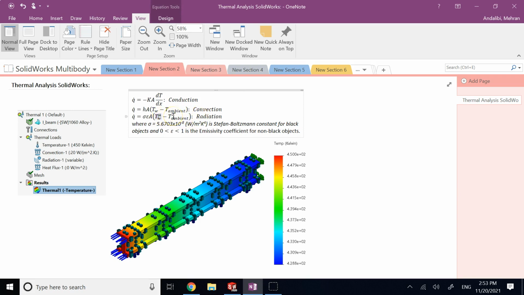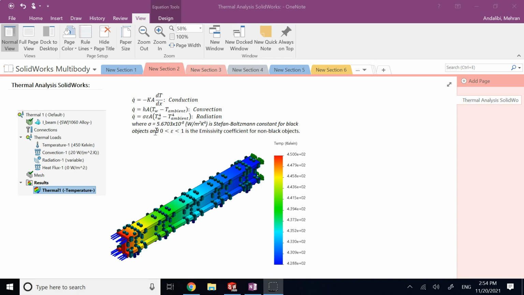Each one of them is raised to the power 4. And sigma and epsilon, what are they? So sigma is a constant called the Stefan-Boltzmann constant, which is basically 5.67 times 10 to the negative 8 watts per meter squared Kelvin to the 4.